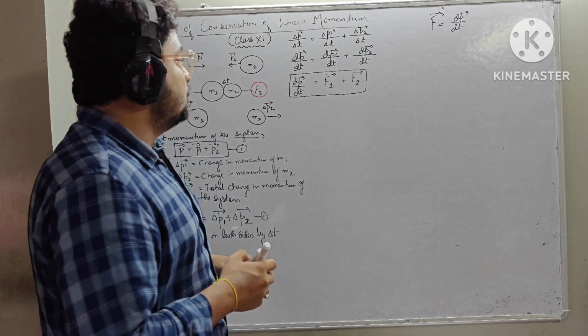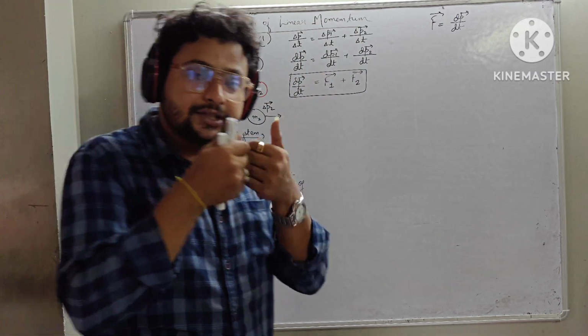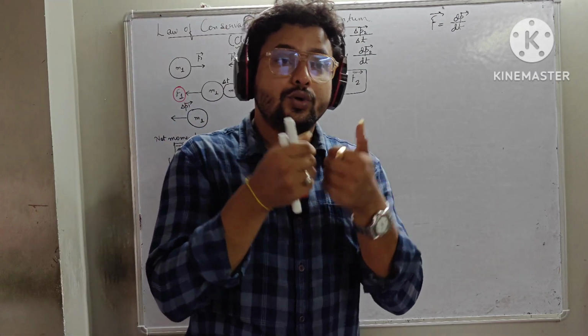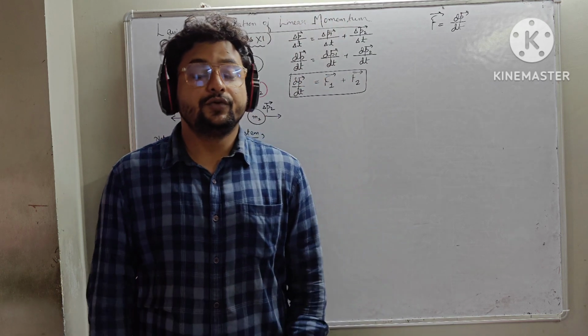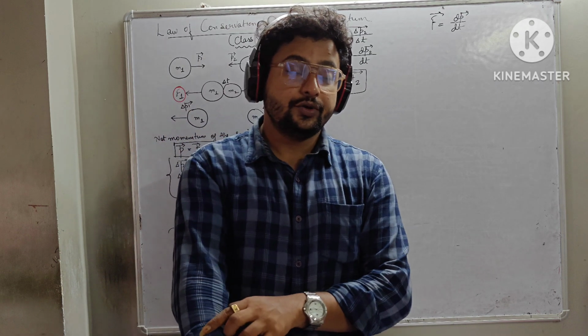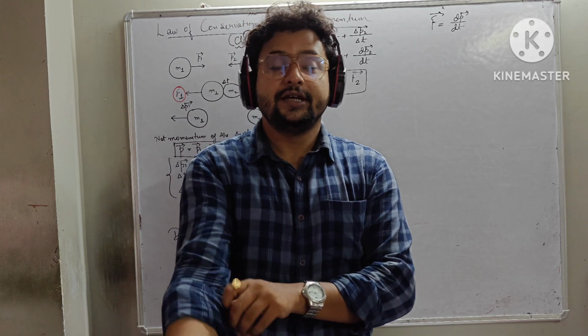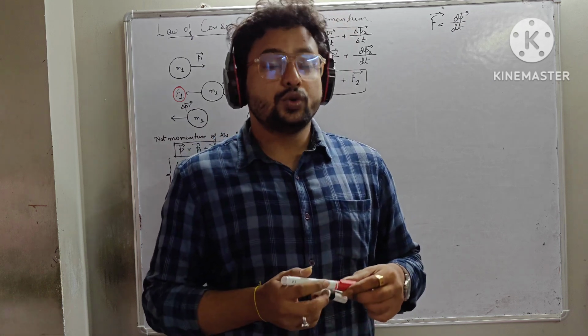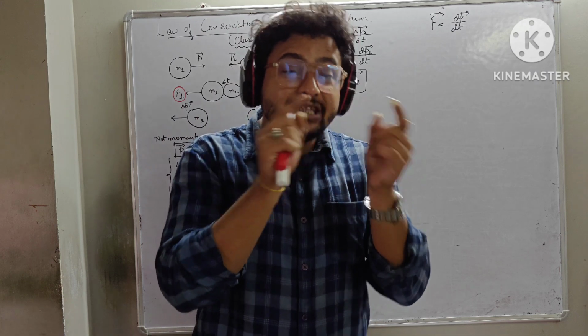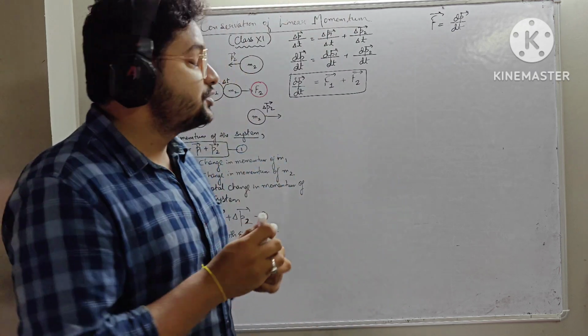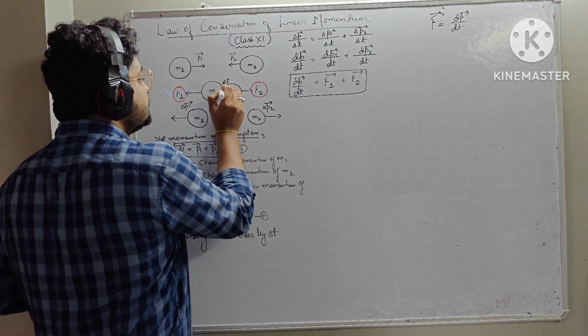Right? Now, when two bodies touch each other or collide, first of all you have to understand what forces are acting on these two bodies. First, when two bodies collide, both the bodies are going to exert a force on each other. Those forces are known as the internal forces.